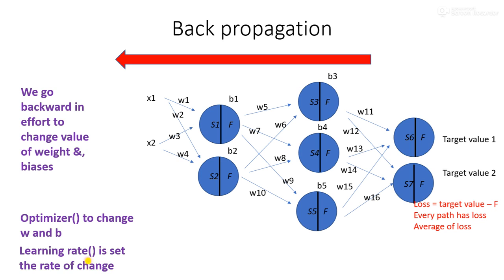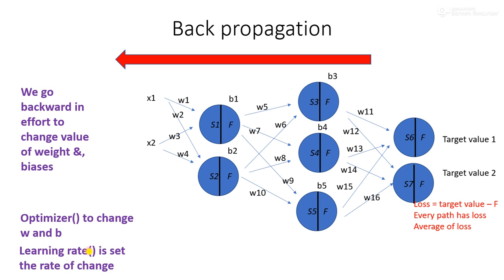If the rate is bigger, from 10 to 2, the rate becomes bigger. So if the learning rate is bigger, it means that if the initial value W is 10, it's going to change to 2 because the learning rate is bigger. If the learning rate is smaller, from 10 to 9.